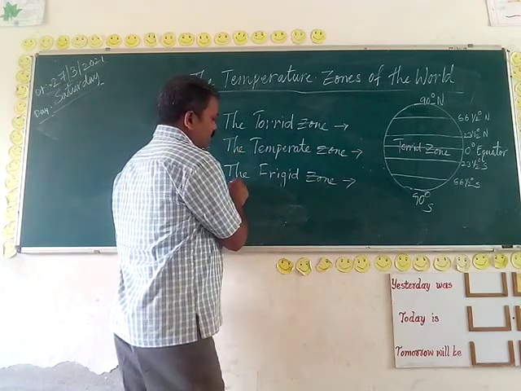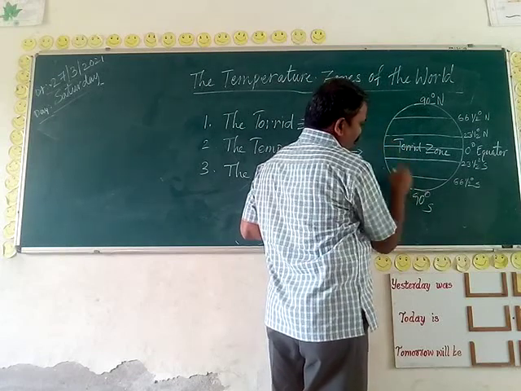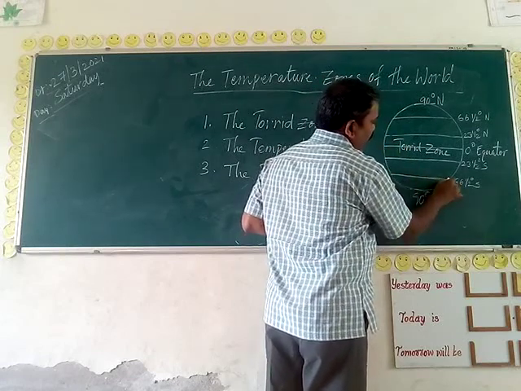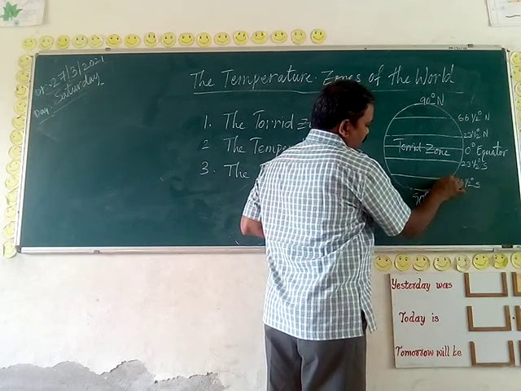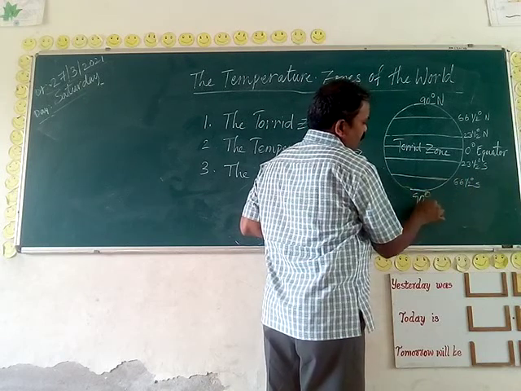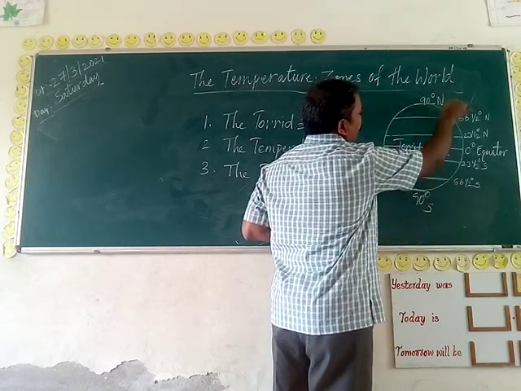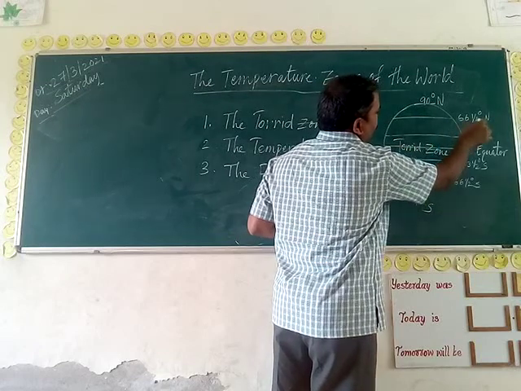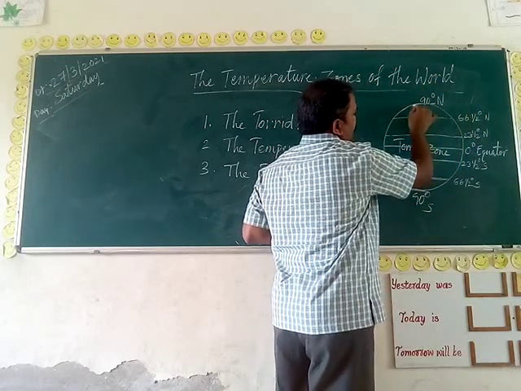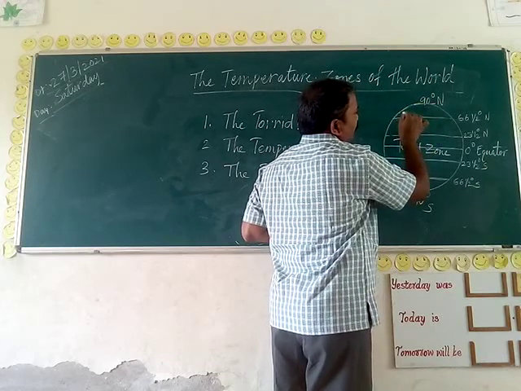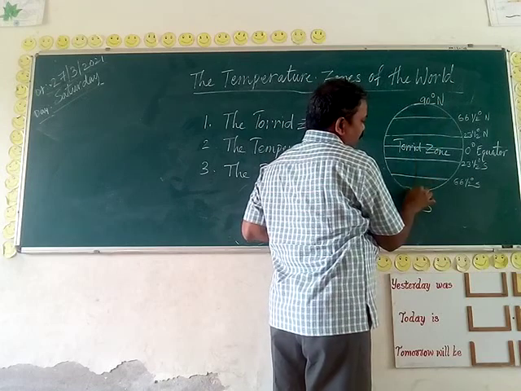And the third one is the frigid zone. This frigid zone extends from 66.5 degrees south, that is from the Antarctic Circle, to the 90 degrees south pole, and in the northern hemisphere from 66.5 degrees north to the north pole at 90 degrees. This is the northern frigid zone, and this is the southern frigid zone.